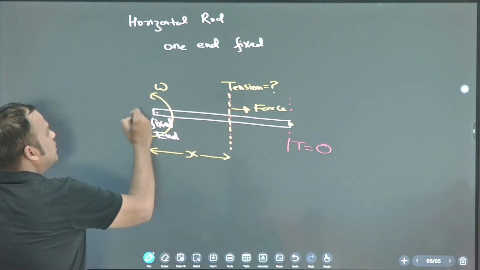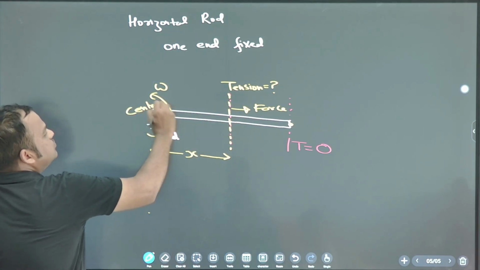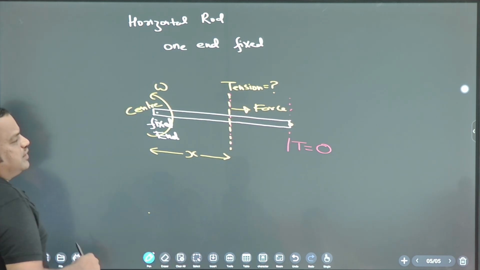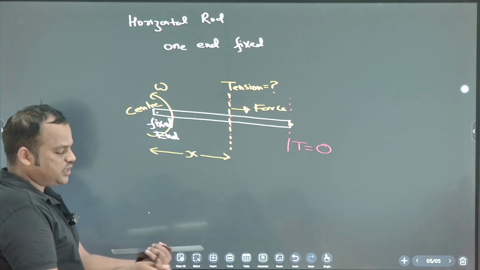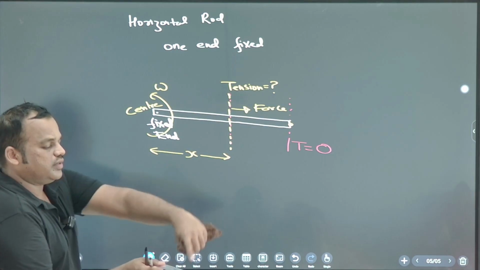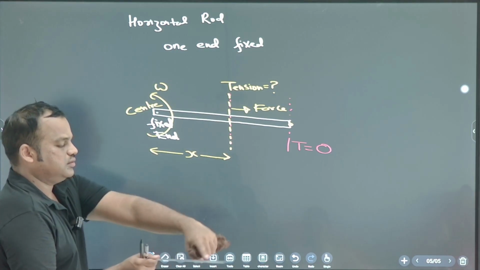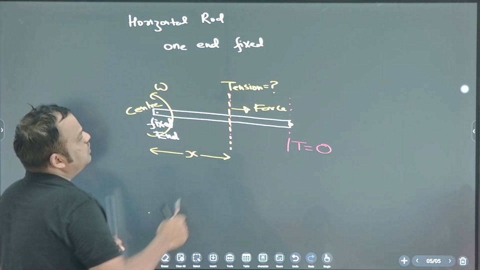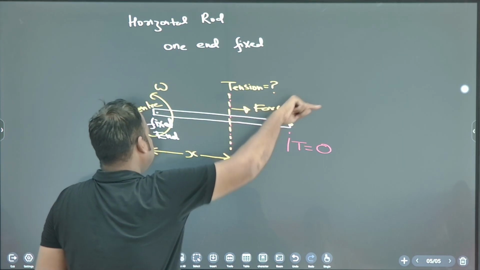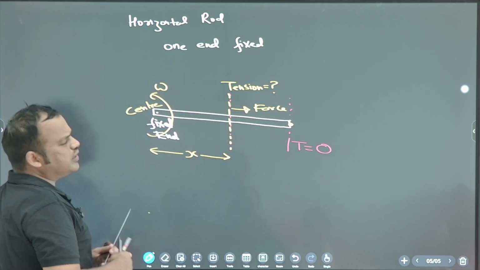Away from the center. So what type of motion is it? When it is doing circular motion, what is the direction of the force it is experiencing? Away from the center. Are you getting it?